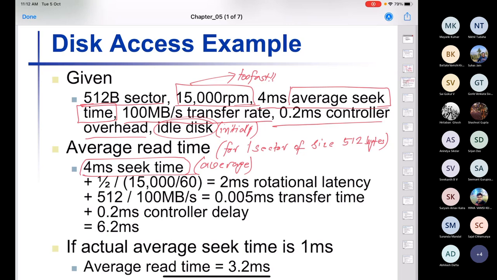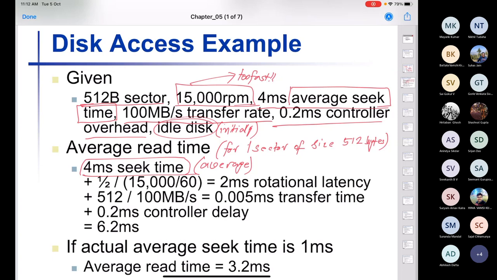One thing to note is that the average seek time is usually extremely pessimistic. Experience has shown that the actual seek time is most of the time better than the average seek time. In fact, it can be as good as only 50% of the average seek time. Means the average seek time is mentioned to be 4 millisecond, but actually it can be much less.